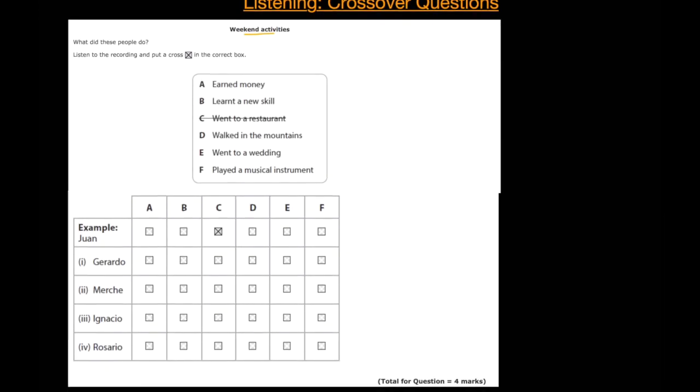So I'm going to hear these people telling us what they did, and these are the possible things that they did. Now, what I would advise in this type of question is that you do the following. You do it if you want, but I think that would help me. If I hear Gerardo, I'll hear something like, "Hola, soy Gerardo.